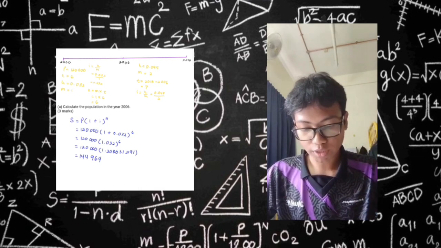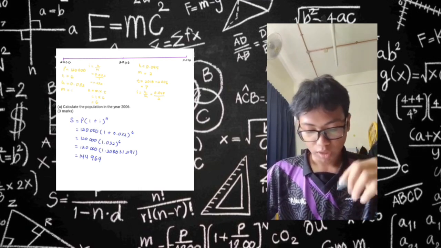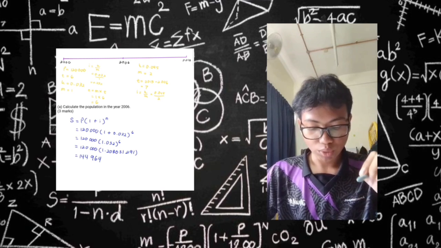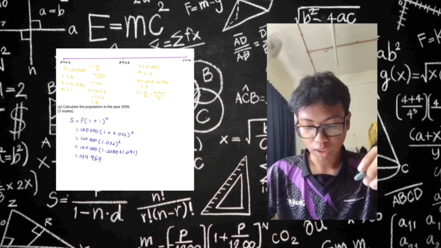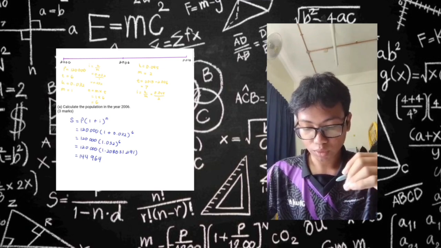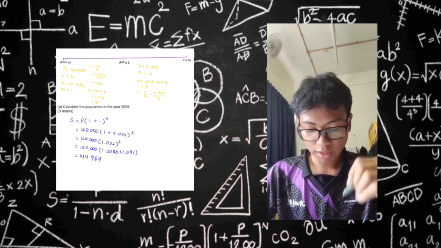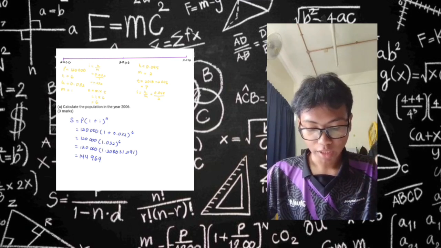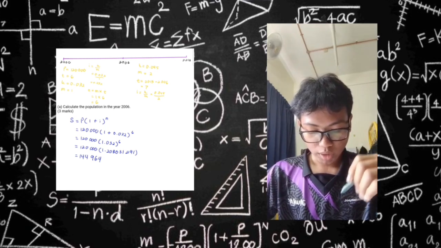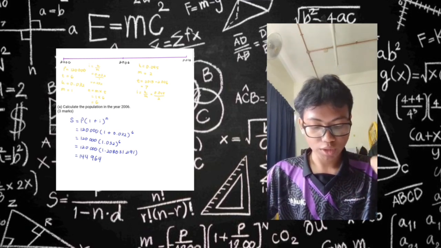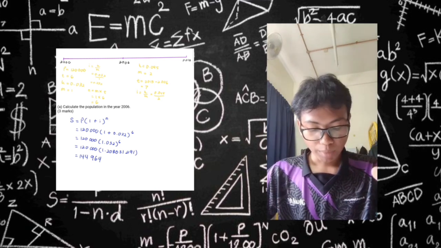So let's move to question 1. Calculate the population in the year 2006. So we have the information, just bring it into our formula. We use S equals P bracket 1 plus I power of N. P equals 120,000 bracket 1 plus 0.032 power of 6.